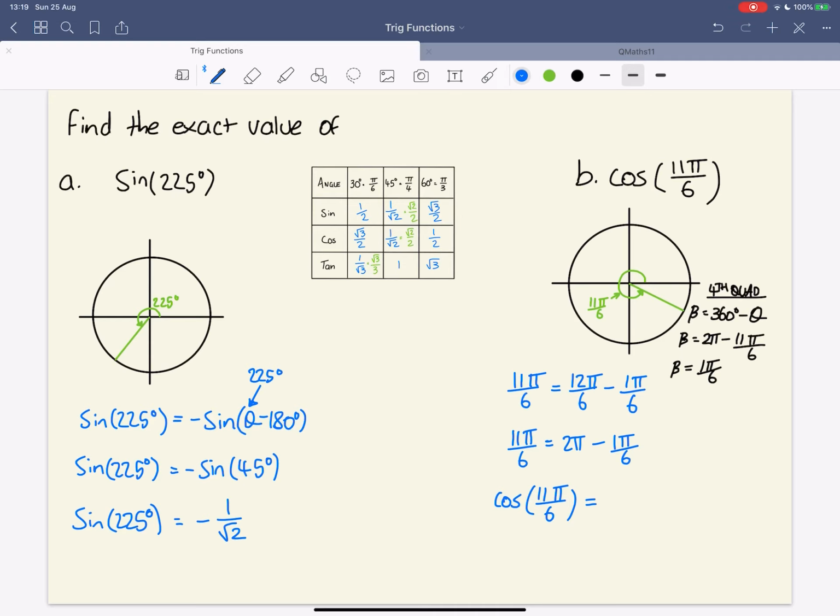That'll be equal to the cosine of our reference angle, which we just determined was just 1 pi on 6. And so because we know what the cosine of pi on 6 is, because we've got our table here, the cosine of pi on 6 is root 3 on 2. So the cosine of 11 pi on 6 is root 3 on 2.